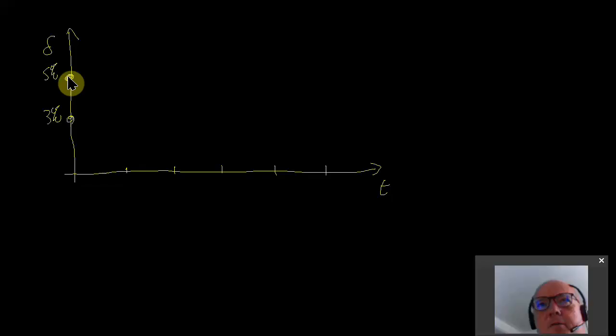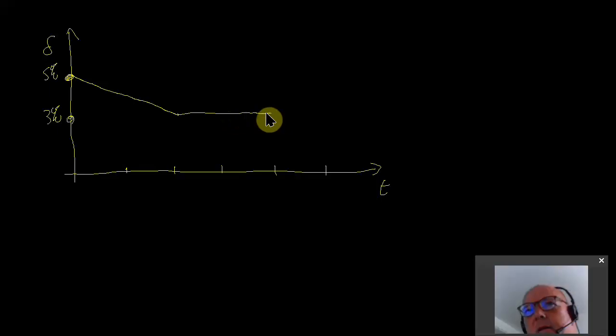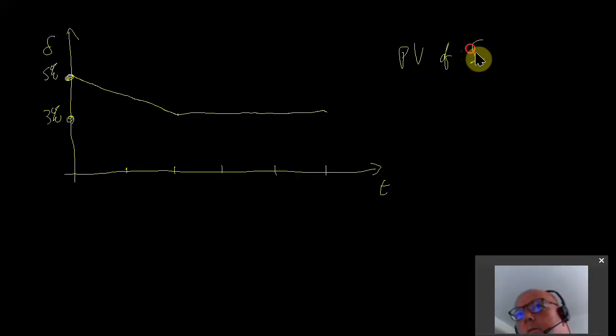I suppose interest rates come down from 5% to 3% in 2 years, and then stay at 3% from there. Okay, and our question is the present value of £1 at t equals 5.